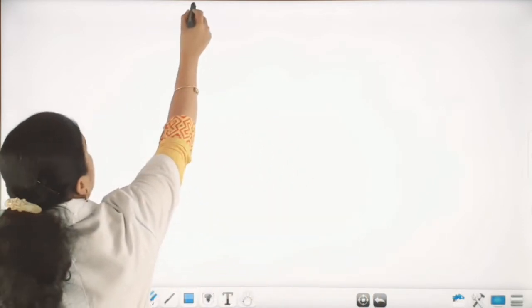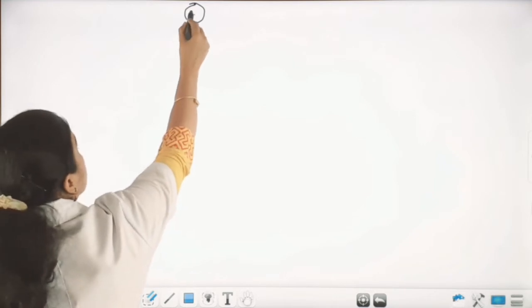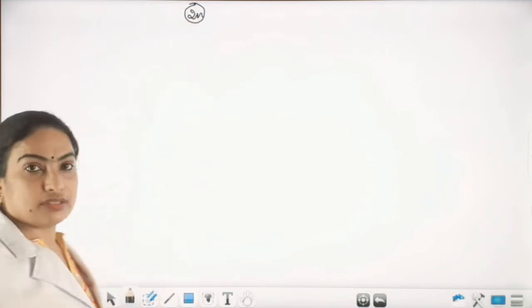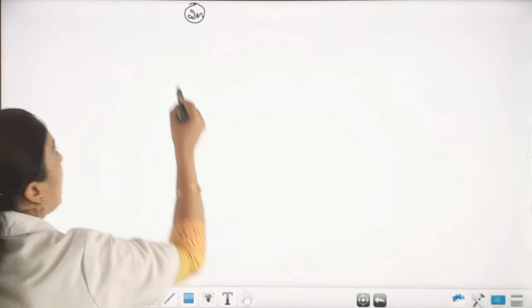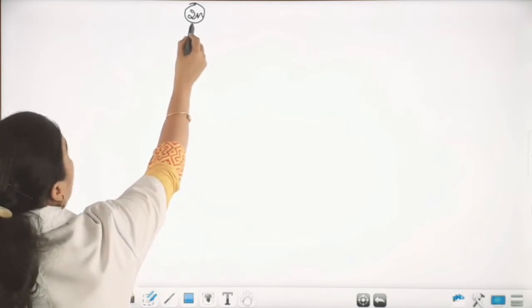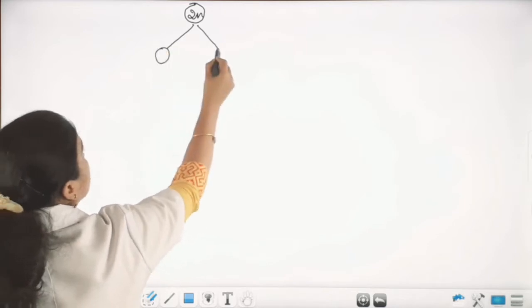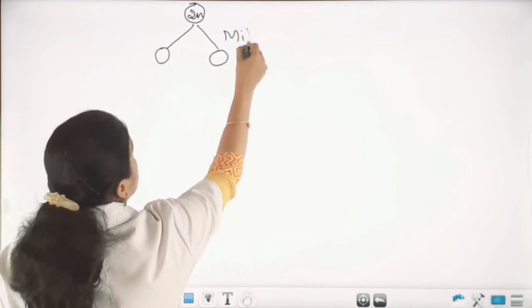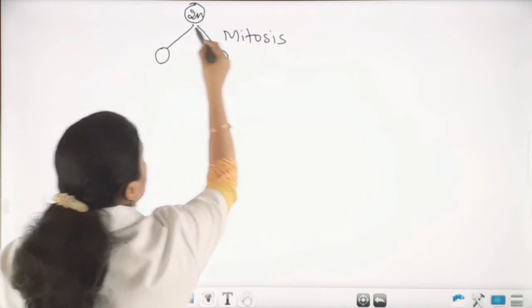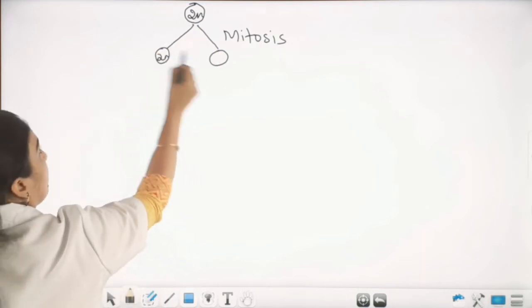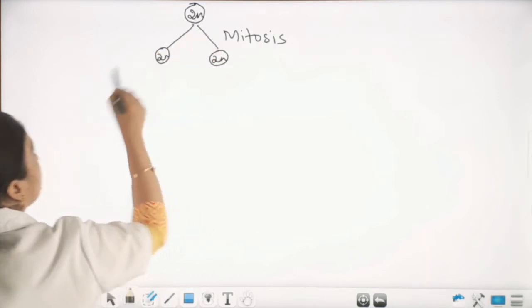This oogonium undergoes mitotic division. Let's see, we are taking only a single oogonium, and this is the oogonium which is diploid. Oogonium is diploid, and this oogonium undergoes multiplication. Multiplication phase, that is mitosis. So this oogonium undergoes mitotic division, that is equational division.